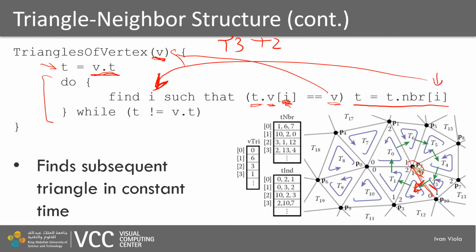our vertex v. And the vertex v, P2, is at the position 1, because P10, P2, P3 defines the triangle T2, and therefore we are searching for the triangle which is neighboring. So T neighbor 1 will be here, and that corresponds to the triangle 1.